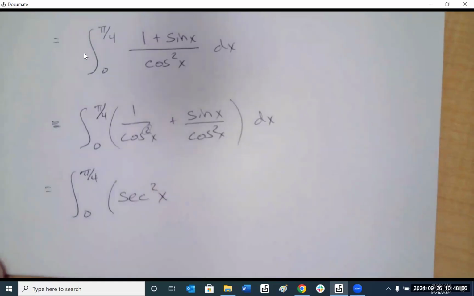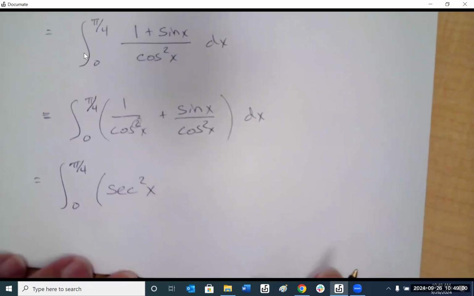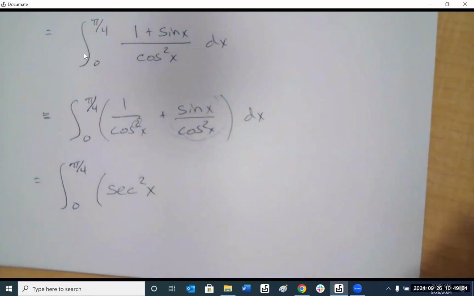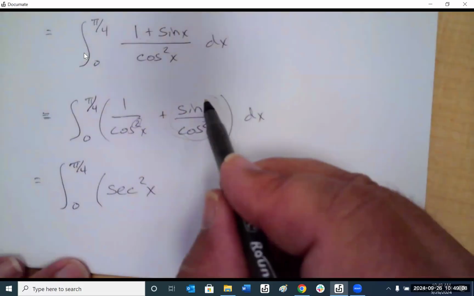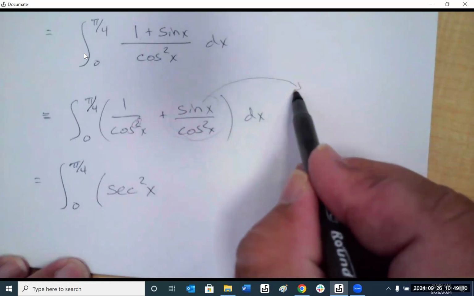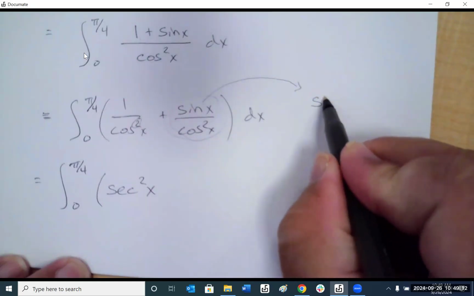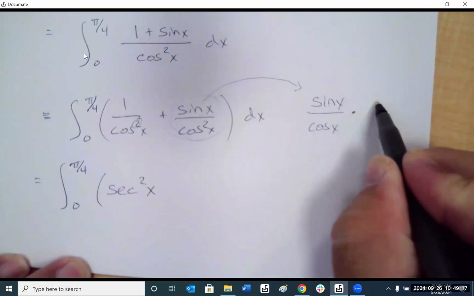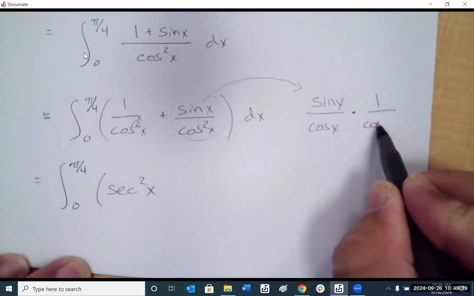Secant squared. You have to say it out louder if you're confident. Now, what do we do with this one? This one becomes sine x over cosine x times 1 over cosine x.